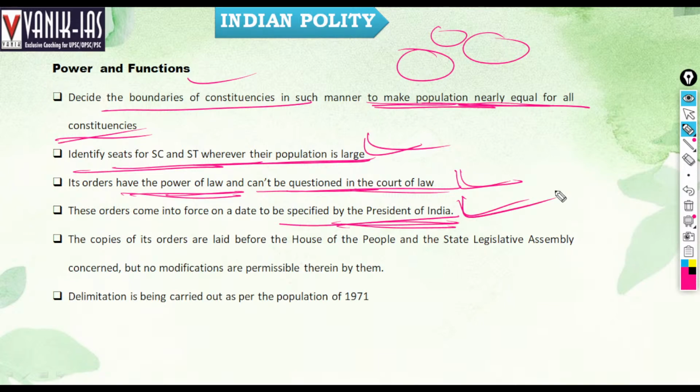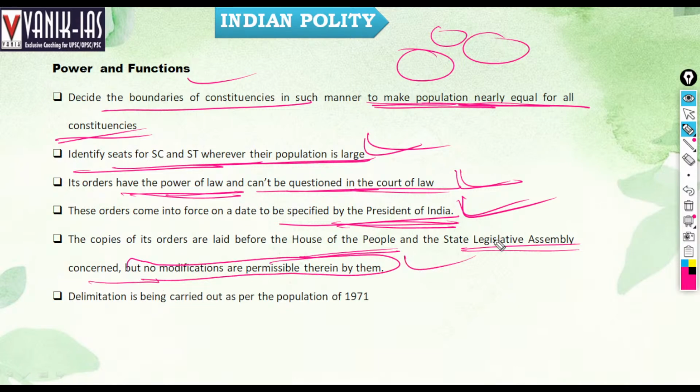The copies of the orders are laid before the House of the People and the Legislative Assembly of the concerned state, but no modification is permitted there. That means no modification can be recommended by the House of the People, be it Rajya Sabha, Lok Sabha, or the state legislative assembly.